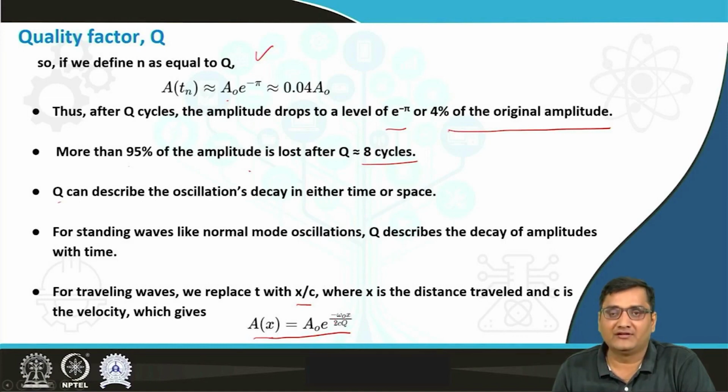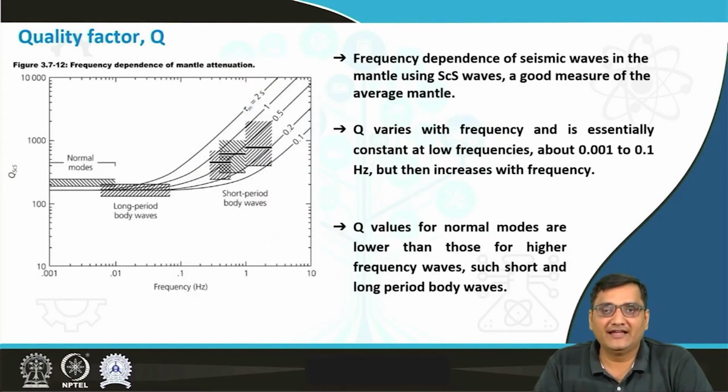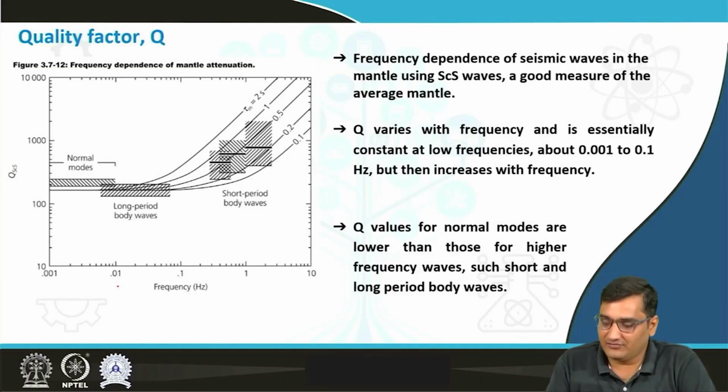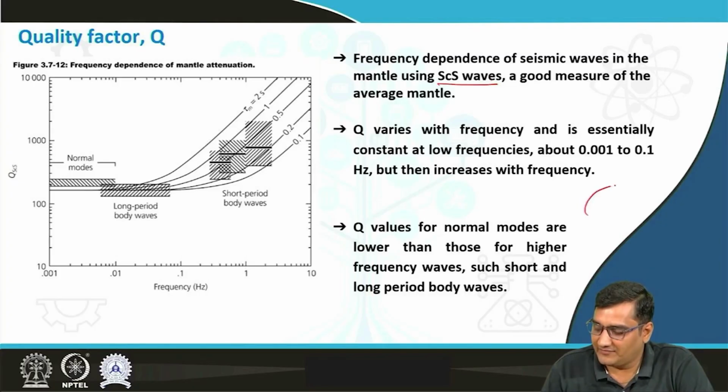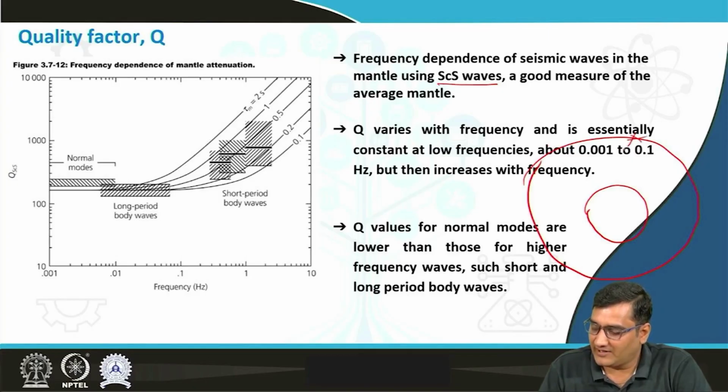Here this particular graph shows the frequency dependence of the seismic waves in the mantle using ScS waves. If you remember, ScS waves are like this: suppose this is your core and there you have your mantle and there you have an earthquake. The earthquake energy travels as an S wave and gets reflected from the core-mantle boundary, so it has a small c with it.